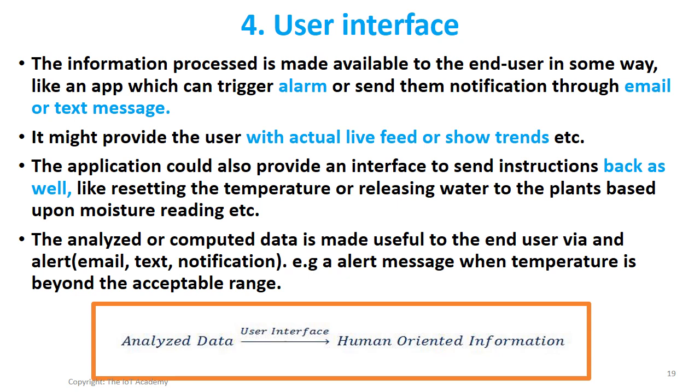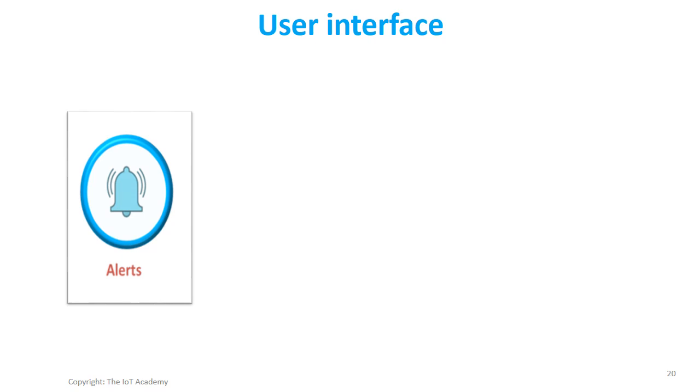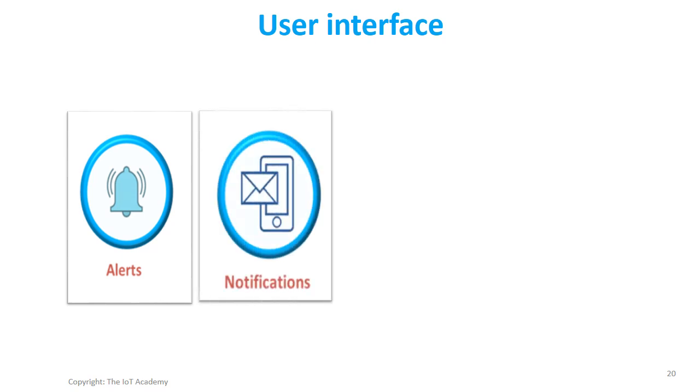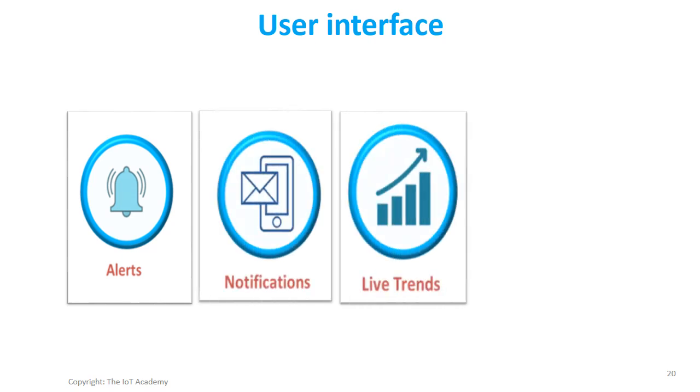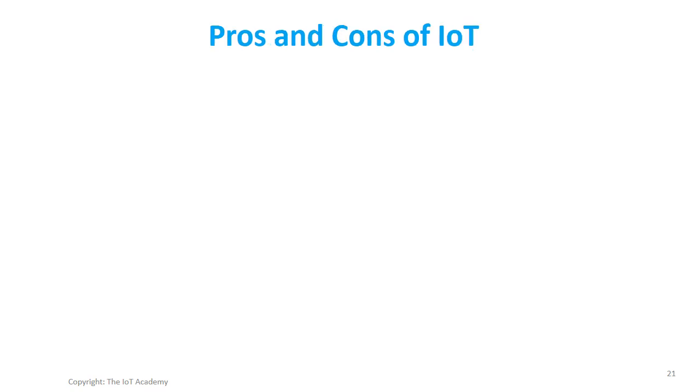So the analyzed or computed data is made useful to the end user via alerts like email, text, and notifications. We can send alerts and notifications, show the live trend, and also remotely control the devices.